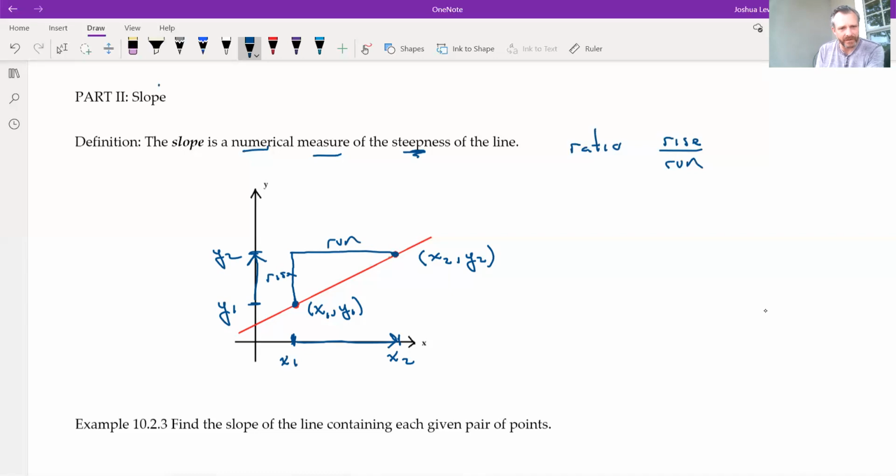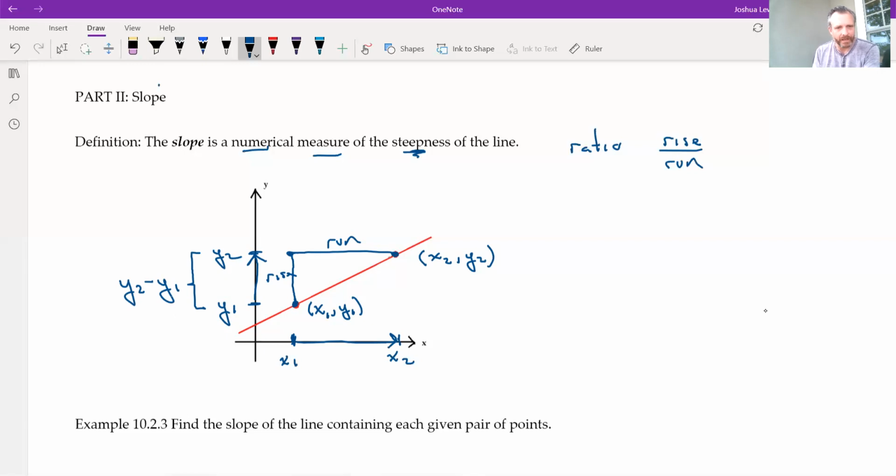Well, how would you actually find this distance, from there down to there? That distance is just the difference, right? If I start at 100 feet and I end at 150 feet, I've gained how much? Well, 50 feet. You subtract, right? So this distance here is y2 minus y1.